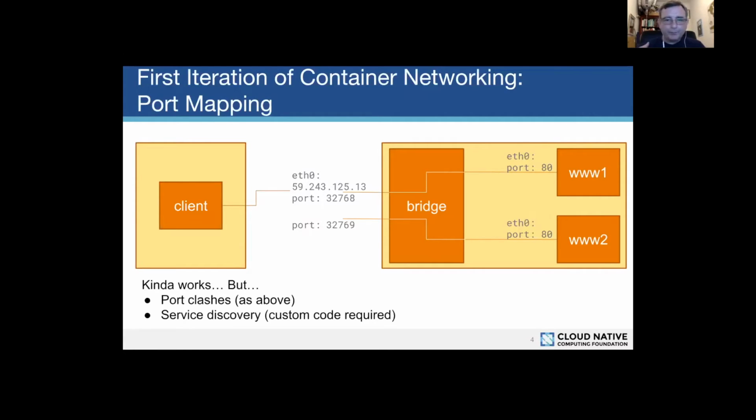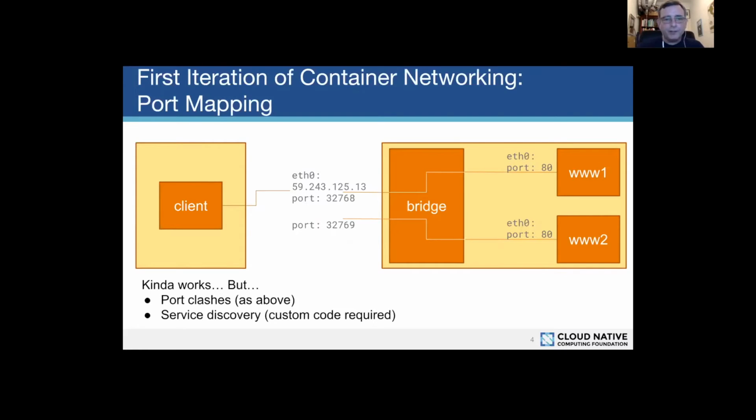So this is the problem that this slide is trying to illustrate: if you happen to have two containers that both wanted to listen on port 80, then what you ended up doing was remapping those port numbers. In this example, one of them comes out on port 32768, one of them comes out on port 32769. Those are not well-known numbers. Those are numbers the client is going to have to find out.